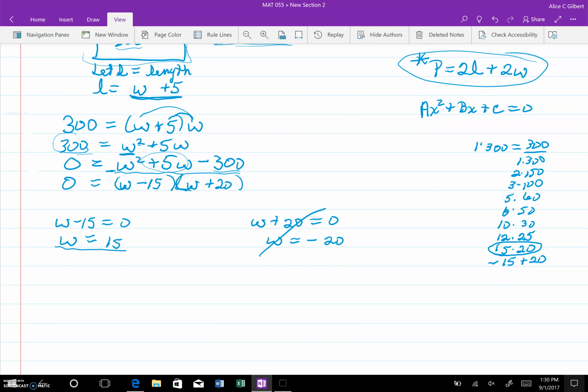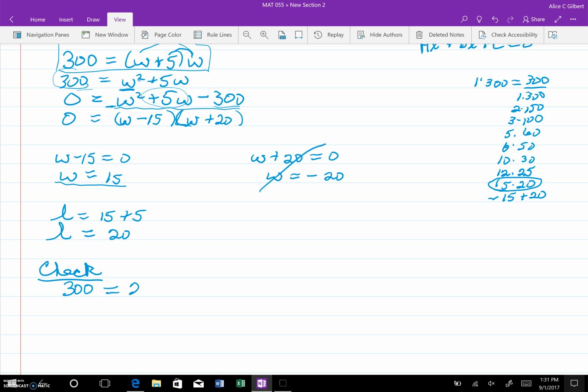All right, so let's check this. In order to check it, I need to put it back into my original equation, which is actually this. So I've got 300 equals length, which is now 20, times width, which is 15.